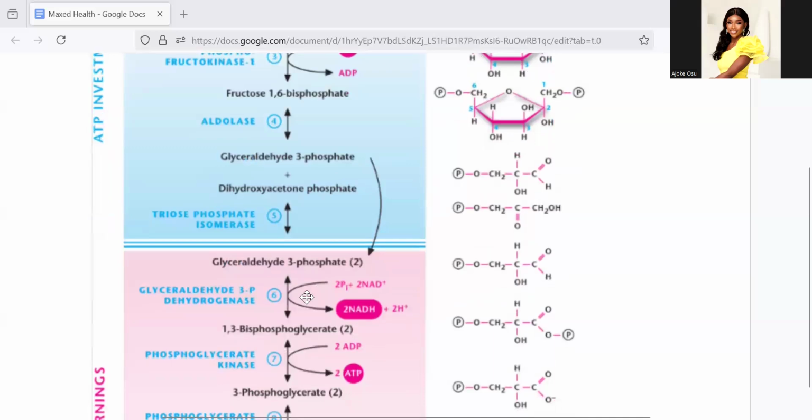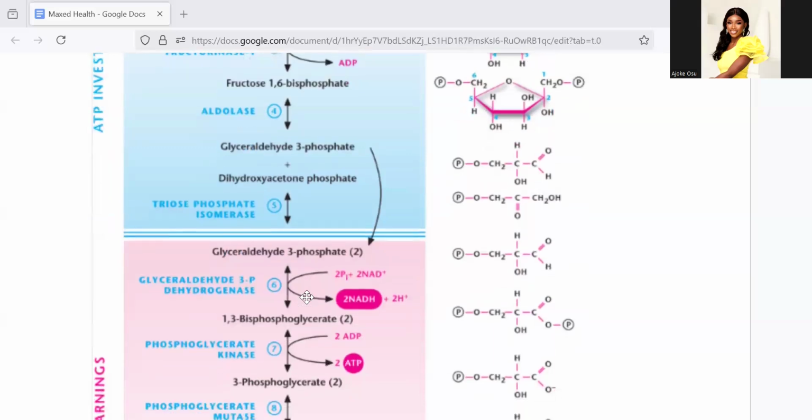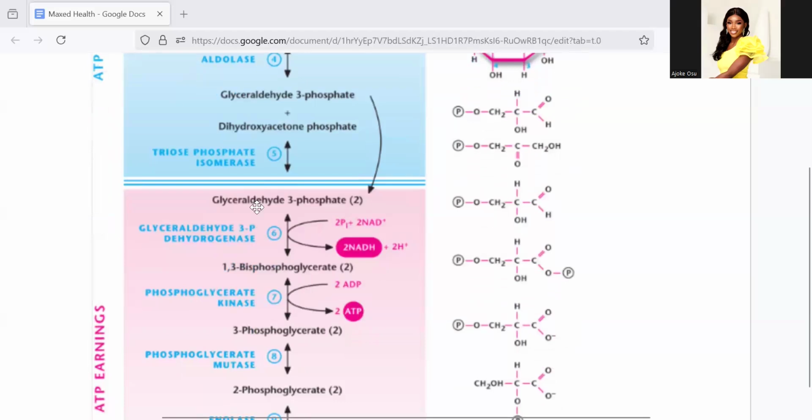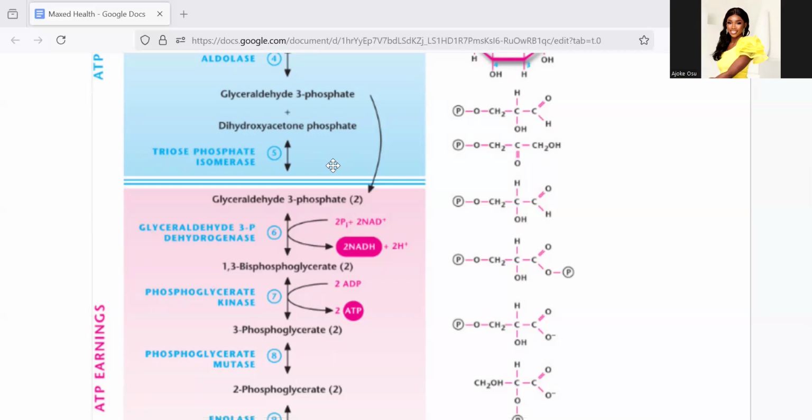And then here 2 half reactions now occur simultaneously. The glyceraldehyde 3-phosphate, that's one of the 3-carbon sugars formed from this initial phase, is now oxidized, and 2 NAD+ are reduced to NADH and 2 hydrogen ions.